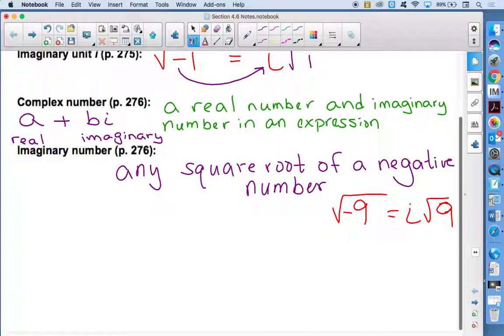So you take the square root of 9, it becomes 3, and then we put the i with it. The negative part makes the i, but you can still take the square root of 9. So the square root of negative 9 is really 3i. You're still allowed to take the square root, you just have to have an i with the answer.